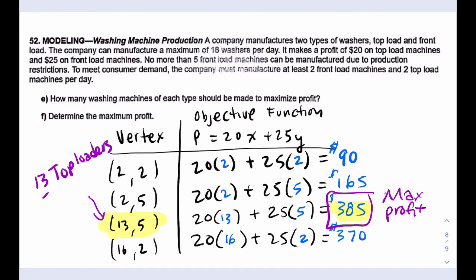And 5 front loaders. How did I know that? Because the x represented the top loaders and the y represented the front loaders. And here's the final answer. This one is part F, and this one was part E.